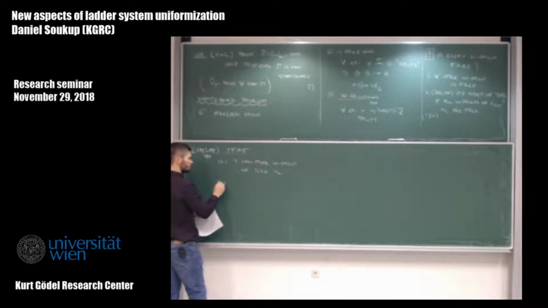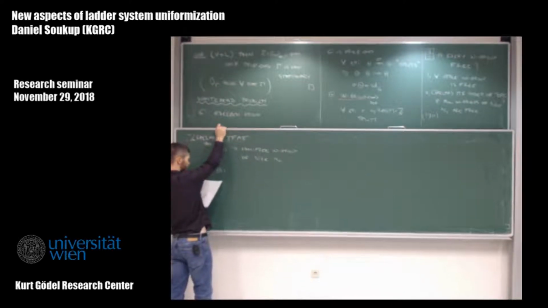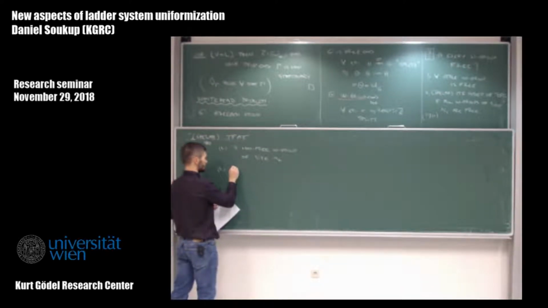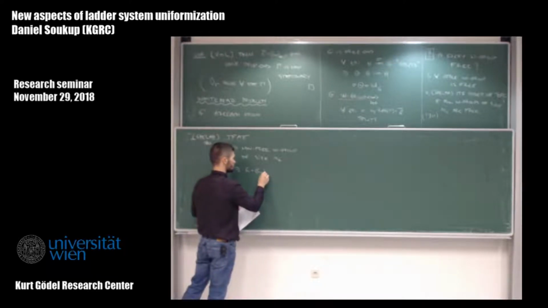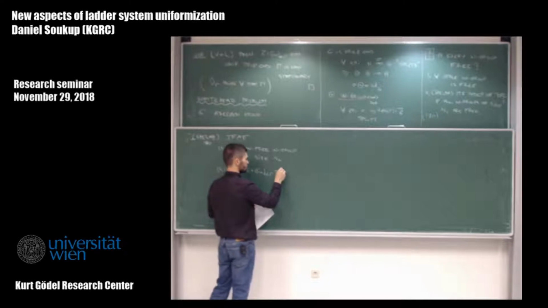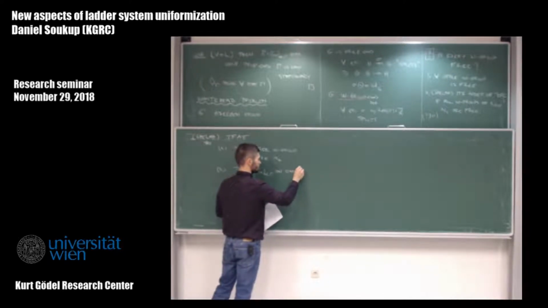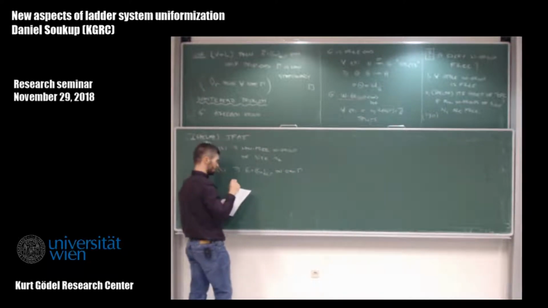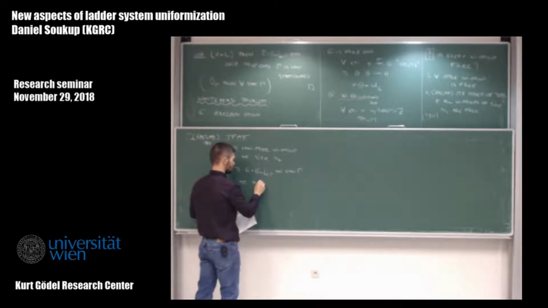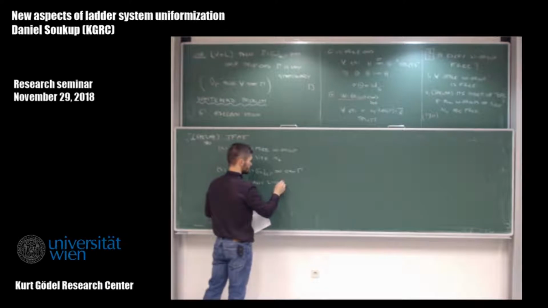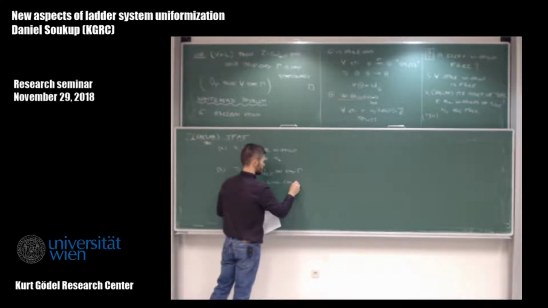And two, there is a ladder system C on a stationary set gamma with the uniformization property, such that any two coloring can be uniformized.